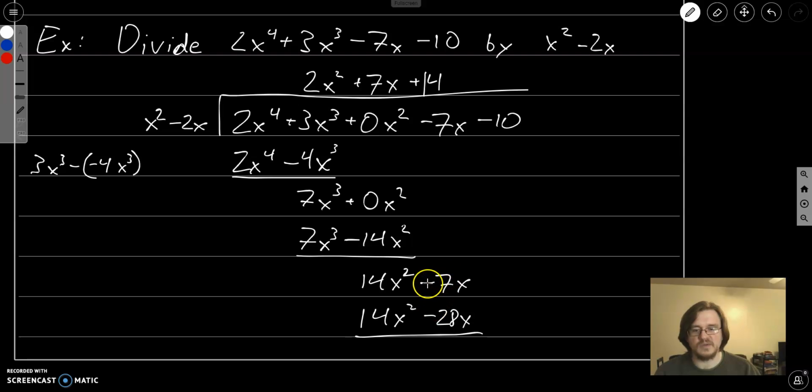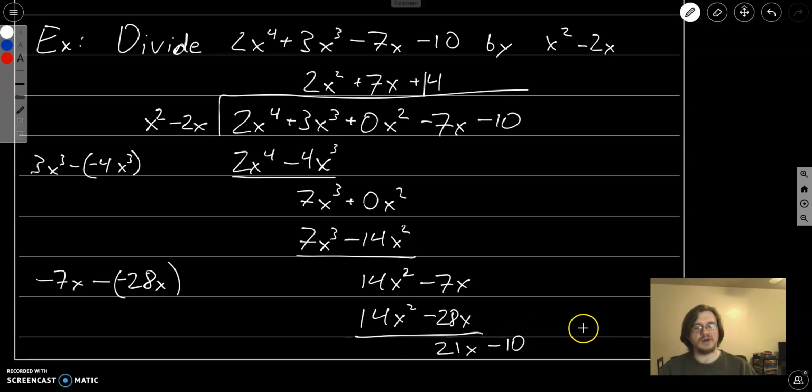And when I take a negative 7x, so let me write this down, negative 7x minus a negative 28x, so minus a negative is going to be plus, so this is going to be 21x and minus 10. And what you see is that I can't divide 21x by x squared anymore. So this will be my remainder.